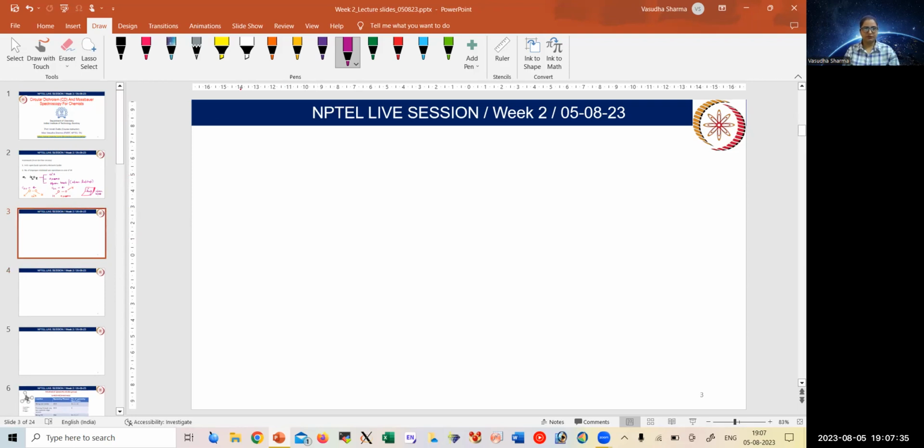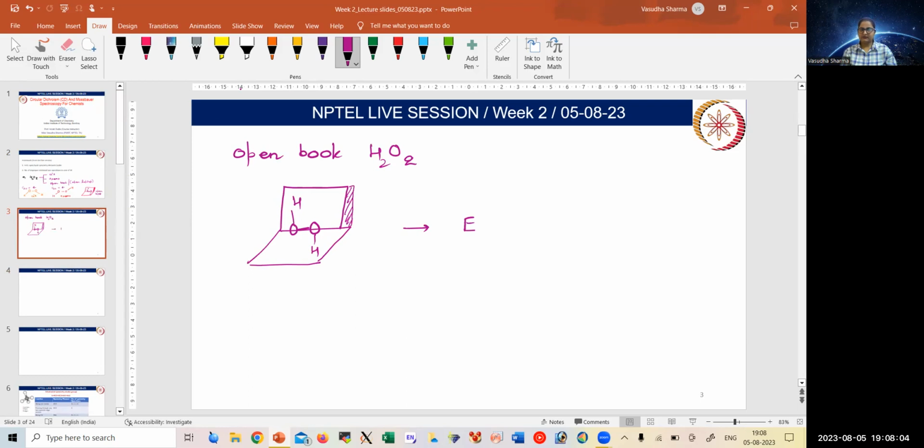So in case of open book H2O2, here is your oxygen bond, and one H is here, one H is here. If you look, it can only have identity, which is present in everything, and one more operation is possible over here, which is C2, a 180-degree rotation along your OO bond.